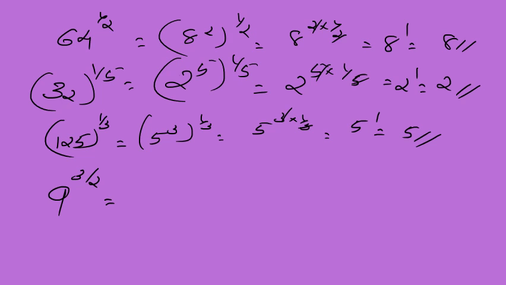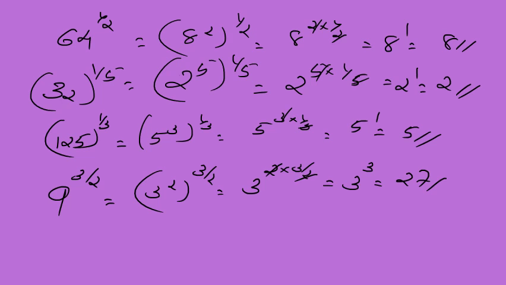9 raised to 3 by 2. How to write 9? 3 squared, raised to 3 by 2. So 3 raised to 2 into 3 by 2. That is 3 cube. 3 cube is 27.